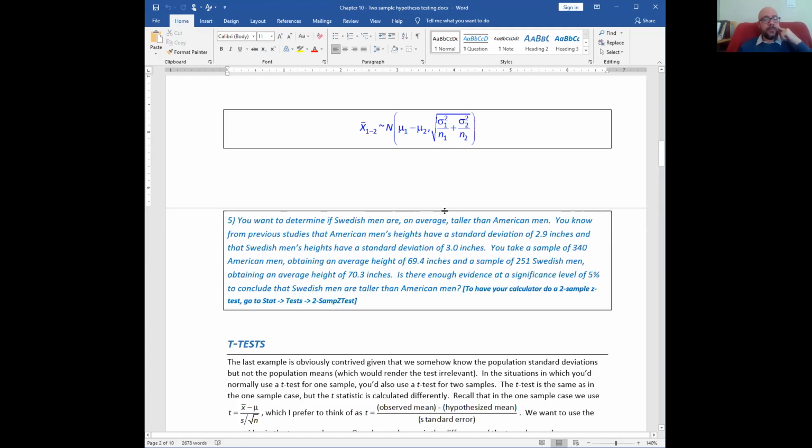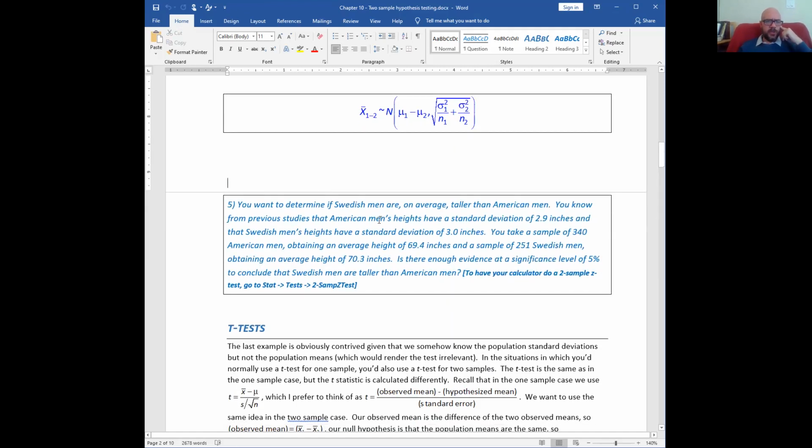So we want to determine if Swedish men are on average taller than American men. We know from previous studies, American men's heights have a standard deviation of 2.9 inches, and Swedish men's heights have a standard deviation of 3 inches. So we take a sample of 340 American men, getting a mean of this, and a sample of 251 Swedish men, getting a mean of that.